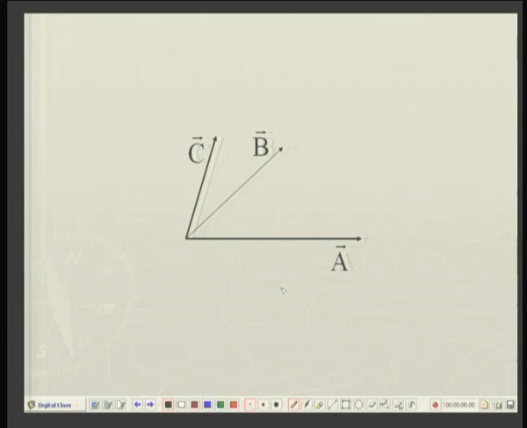Well, as before, we will try to understand this triple scalar product graphically also. Here are three vectors A, B and C. First, you will complete this parallelogram, and then you will complete this parallelepiped like this.